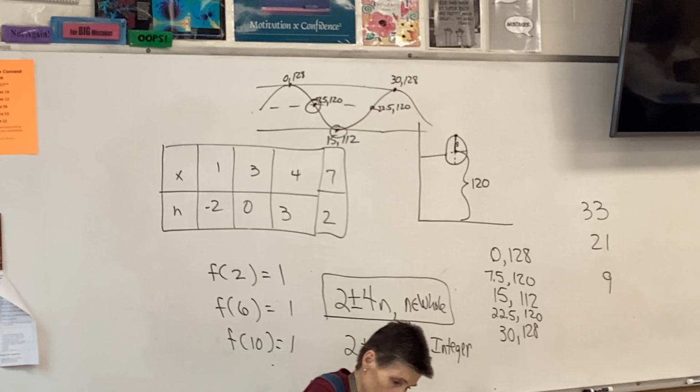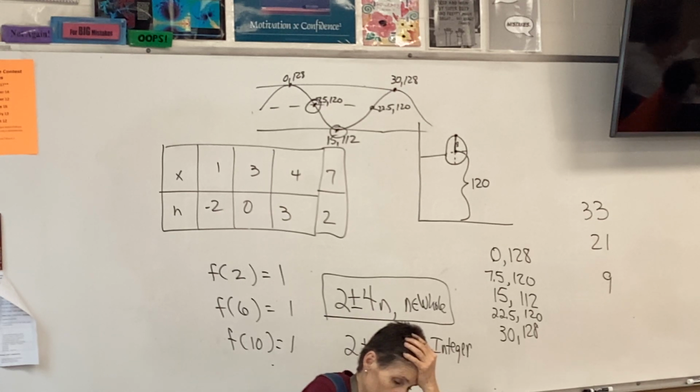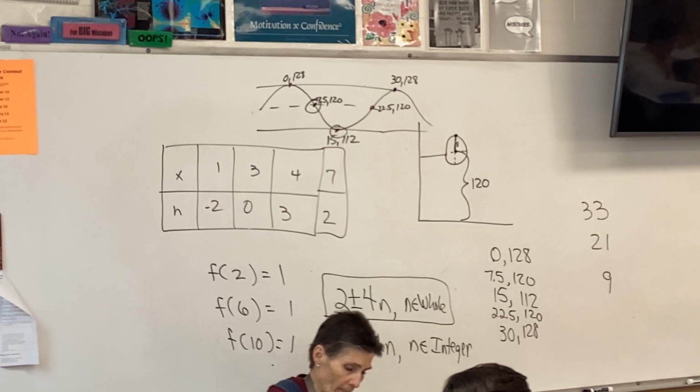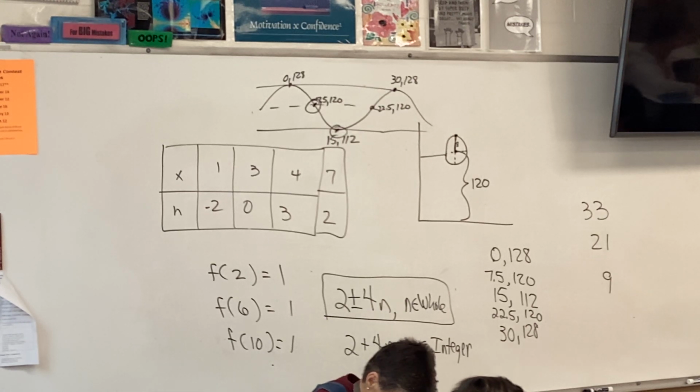All of them. Wait, I don't know. We have 2 times. No, you're right. I'm so lost. It would be absolute value. Okay, so yes, 5. If this is not right, okay, so let me start over.